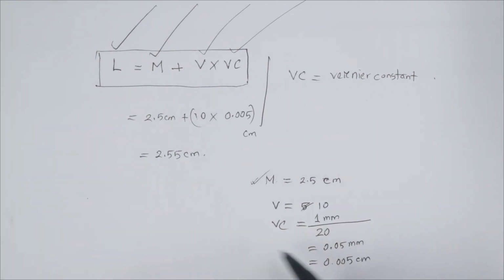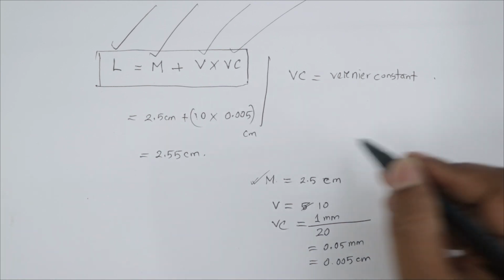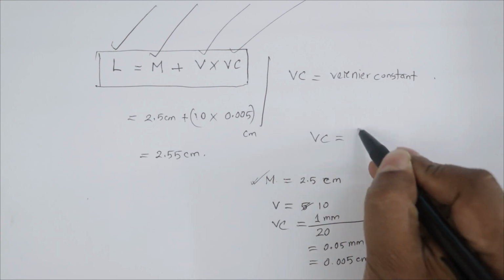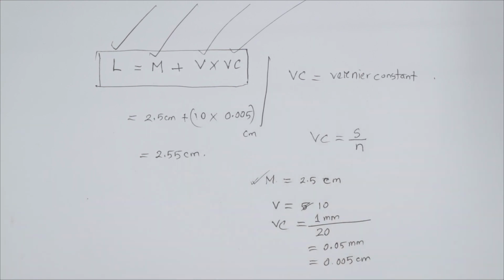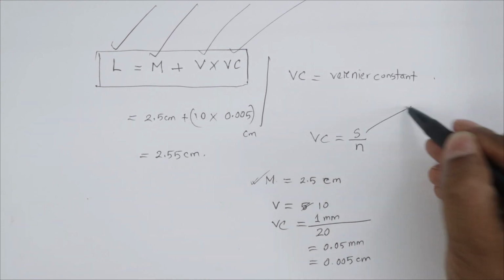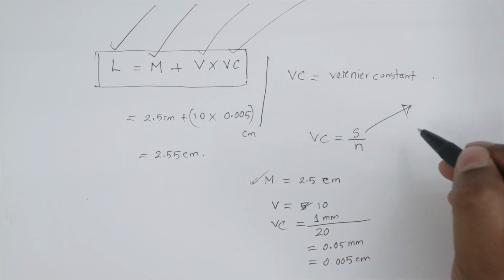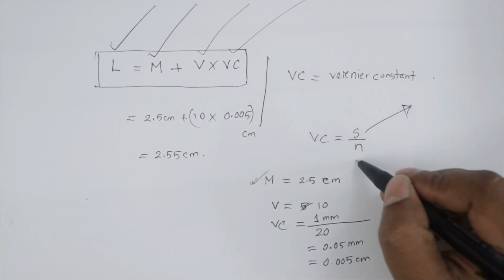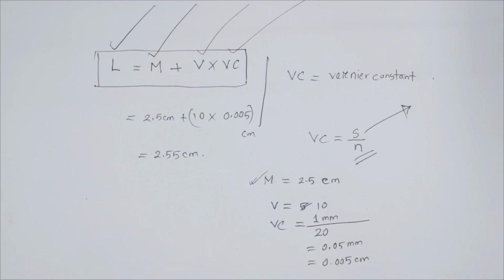And VC, the Vernier constant: there is a formula, VC equals S divided by N. S is the smallest division in the main scale, and N is the number of divisions in the Vernier scale.